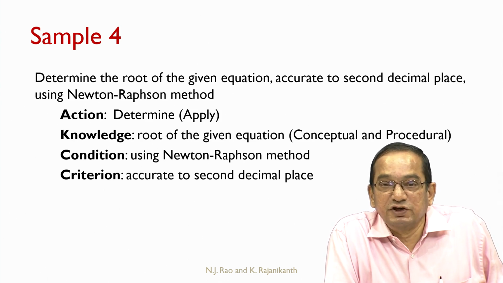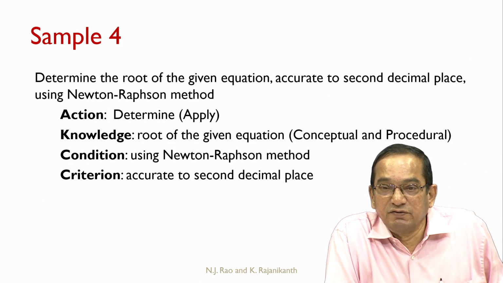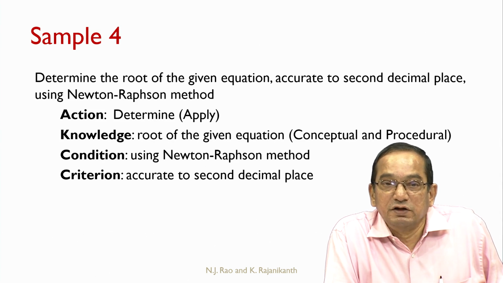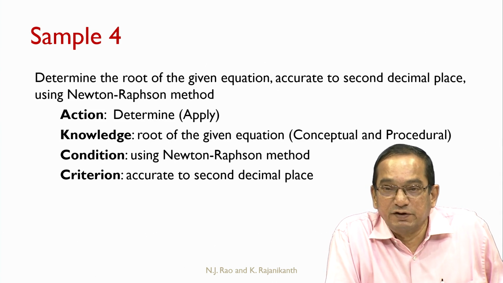Condition is using Newton-Raphson method. There are several different methods for determining the root of a given equation. This particular CO states that the learners are supposed to determine the root using Newton-Raphson method, one specific method they are indicating. So, there is a condition specified.